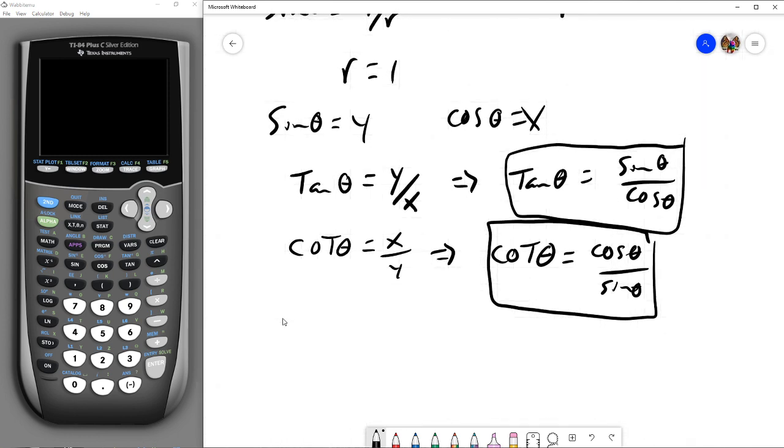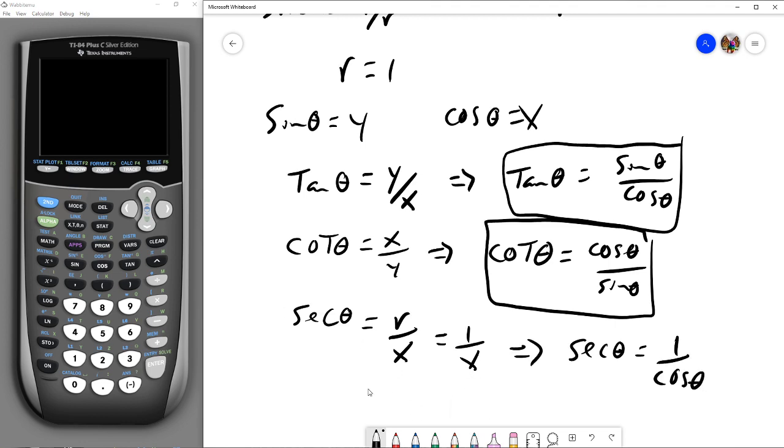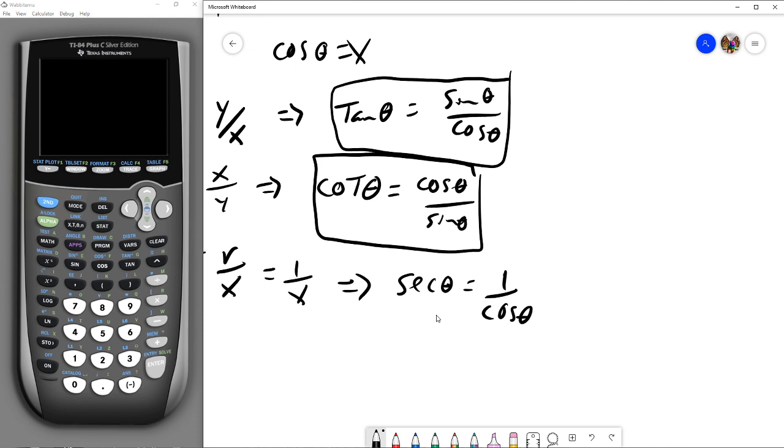And for secant theta, this was r over x, or 1 over x, and that tells us that secant theta is going to equal 1 over cosine theta. Or, if we take the reciprocal of both sides, another way we could think about it is that cosine theta is equal to 1 over secant theta.